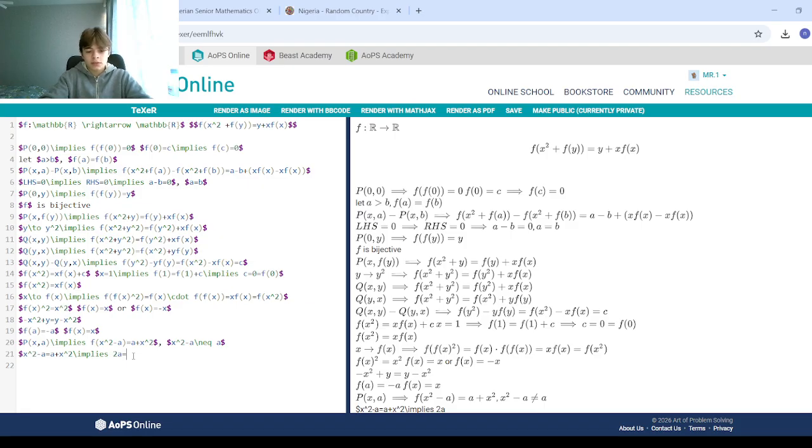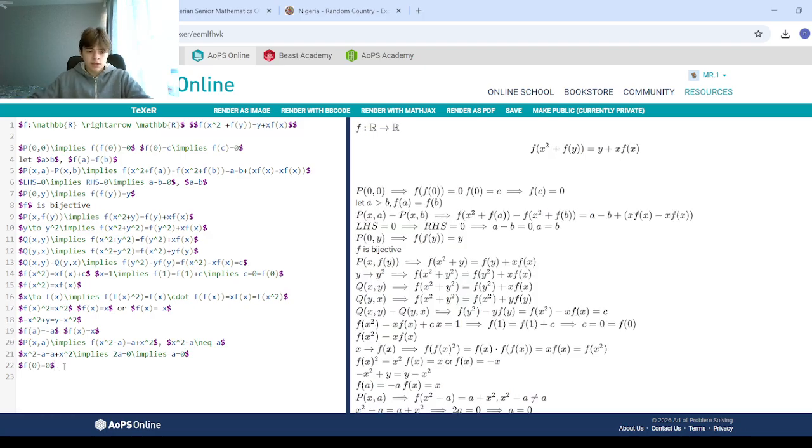So we get 2a is equal to 0, which means that a is equal to 0.